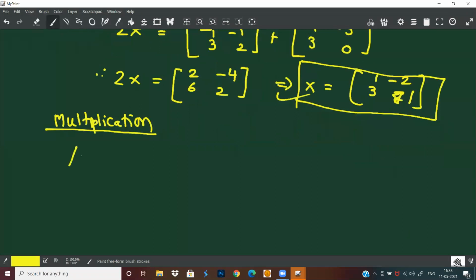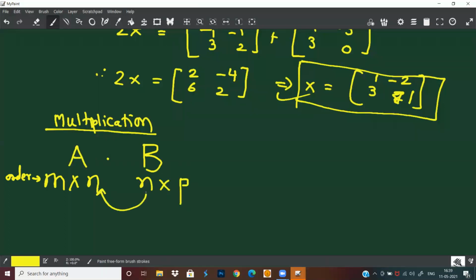Now suppose A and B are the two matrices which are to be multiplied. Order of matrix A is m by n and that of B is n by p.